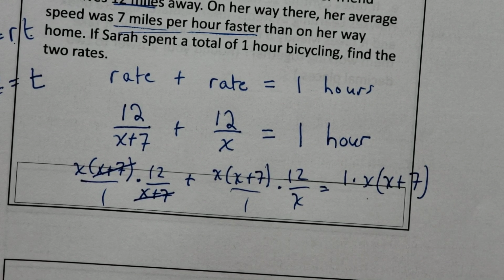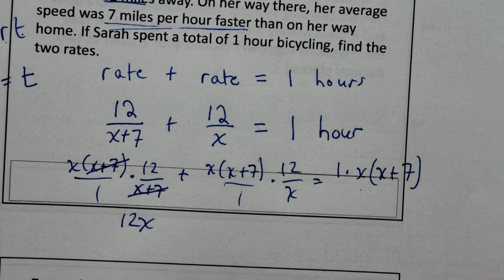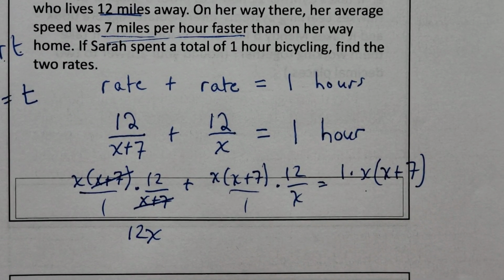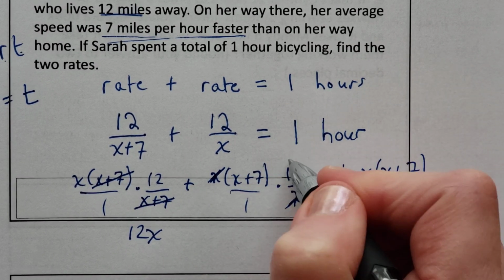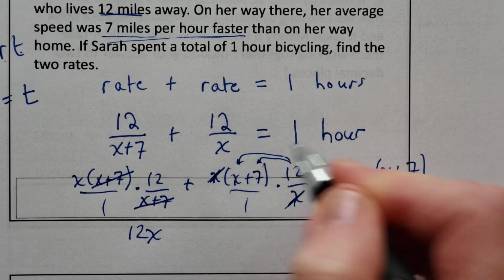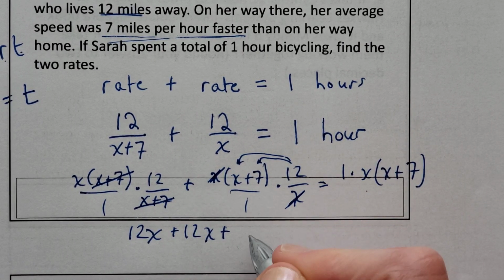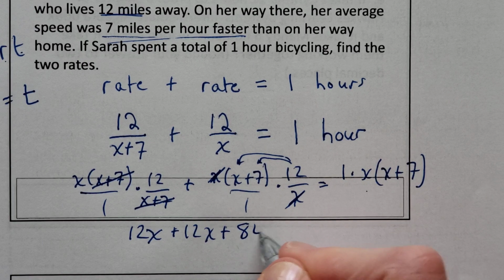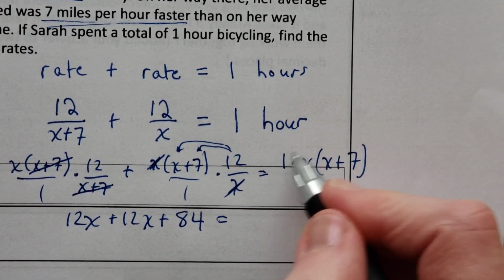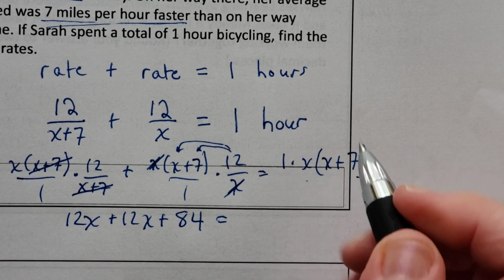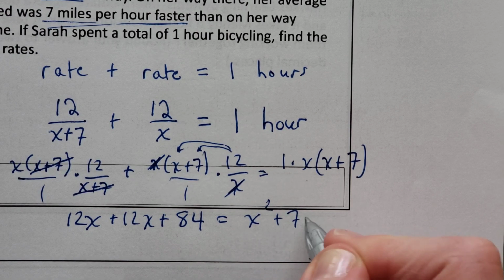So that leaves us with 12 times x. Our second term, we can cancel out the x only. That's going to leave us with 12 times x is 12x, and 12 times 7 is what, 84? And then in our denominator, 1 times anything is anything, right? So we're going to multiply x times x, which is x squared, x times 7, which is 7x.